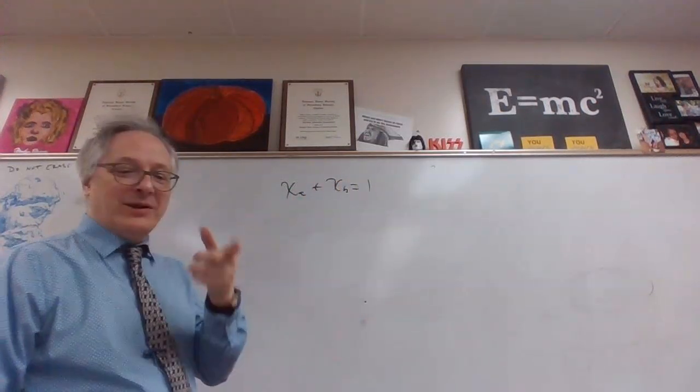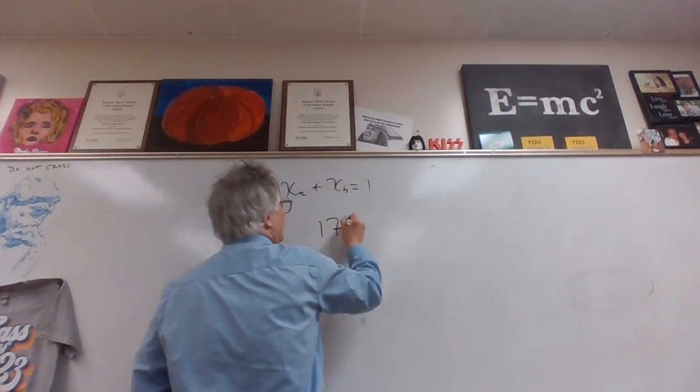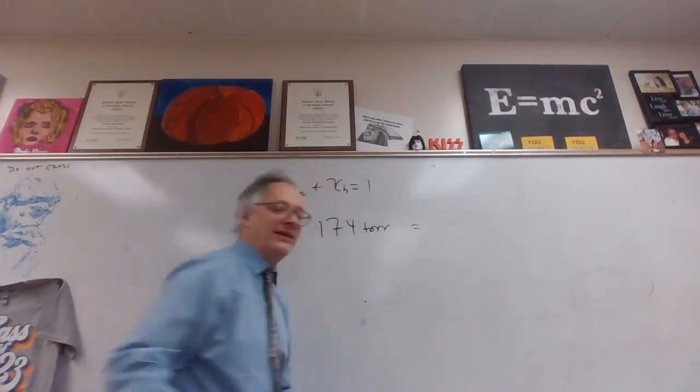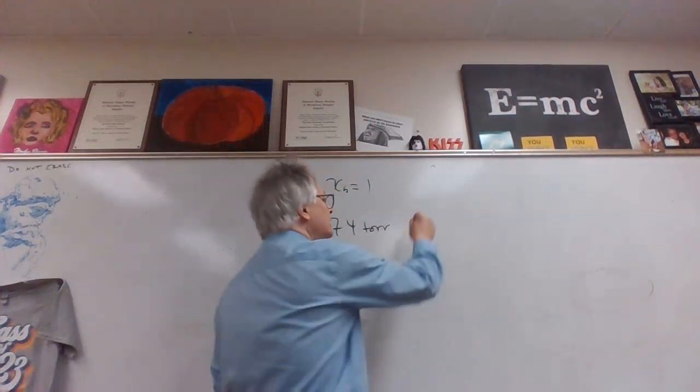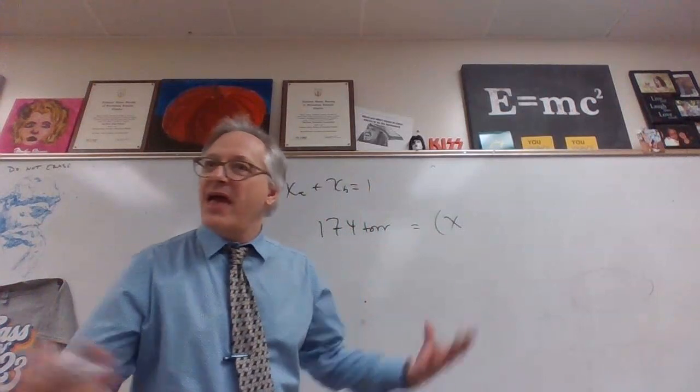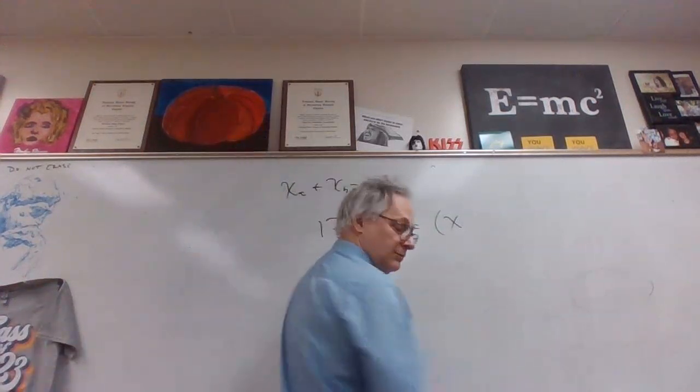So we are told that the vapor pressure of this mixture is 174 torr. This problem's so good it gives me goosebumps. So let's call this X. Well, yes, you can add two fractions and not get one.